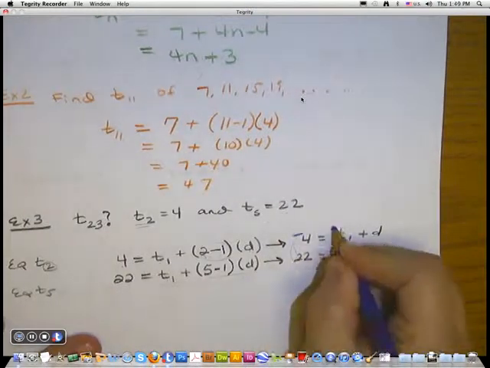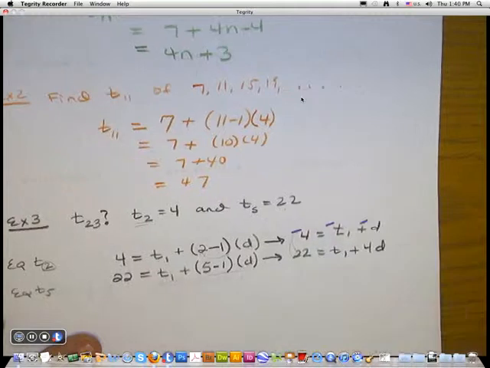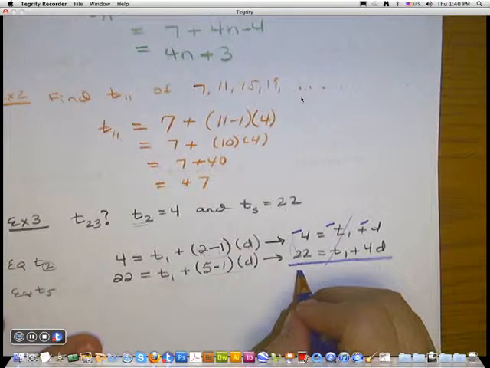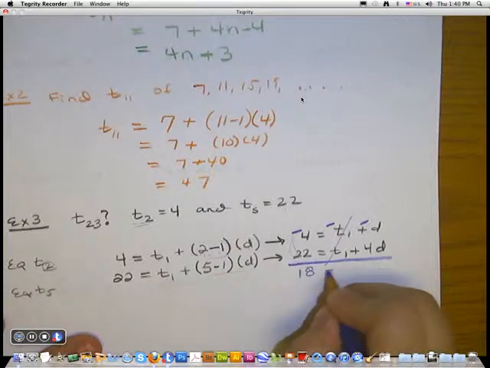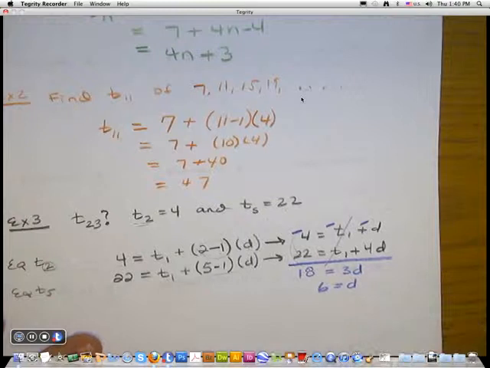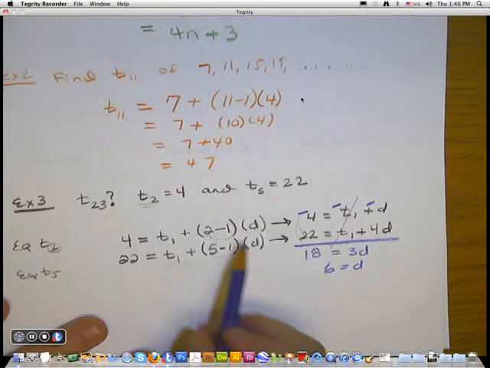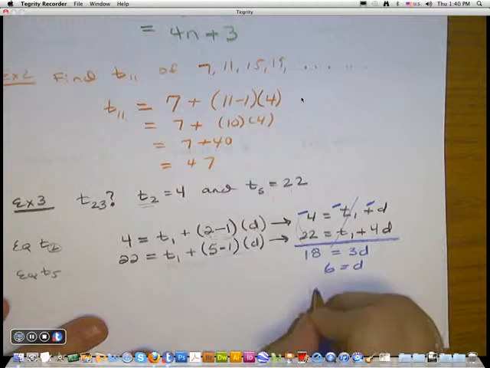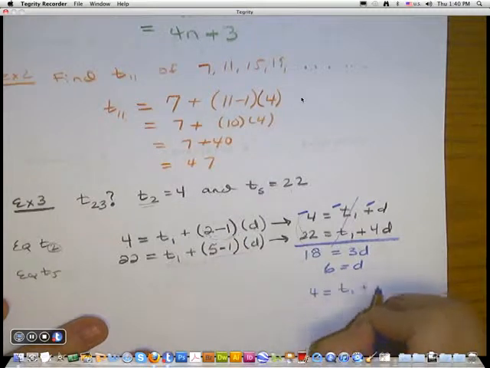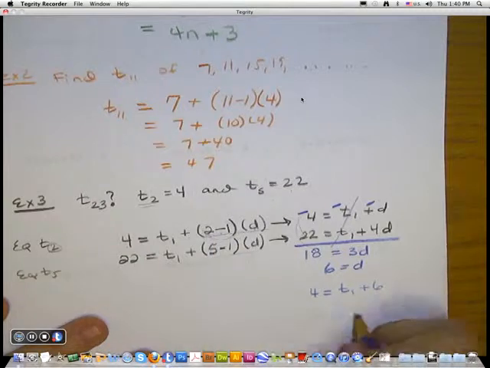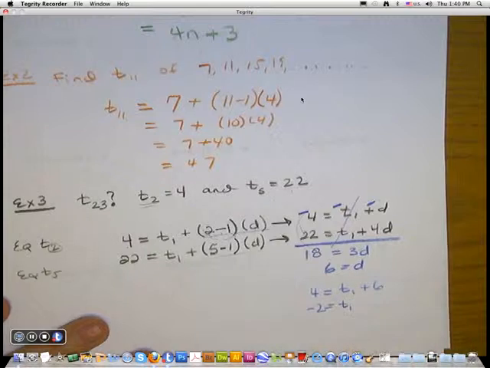So I'm going to switch the signs of one of them so that my T1s cancel. And I get 18 is 3D, therefore the difference is 6. Well, if I know the difference, I can plug it into one of my equations. 4 equals T1 plus 6, because that's what D is. And I can get my T1 is -2.